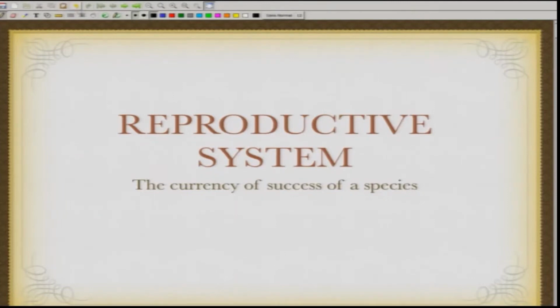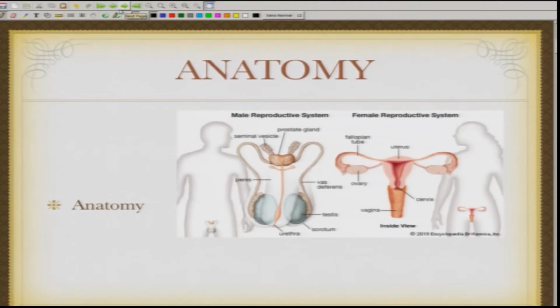So, moving on to the next slide. This is the basic anatomy we are talking about. You have the male reproductive system with the penis. Underneath you have the testes. There we have two testes out here. The sac which is holding the testes is called the scrotum.